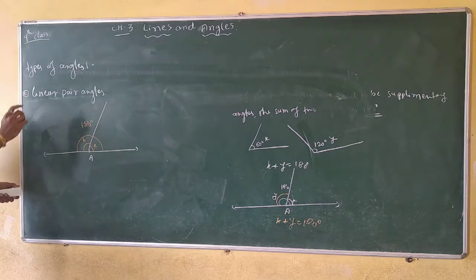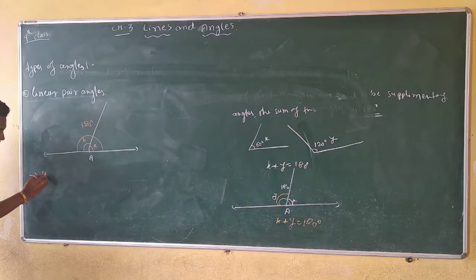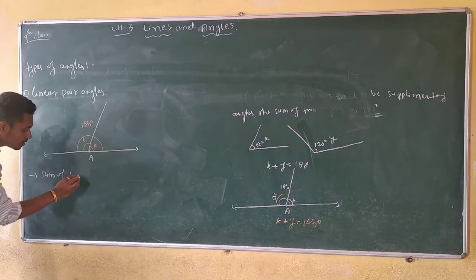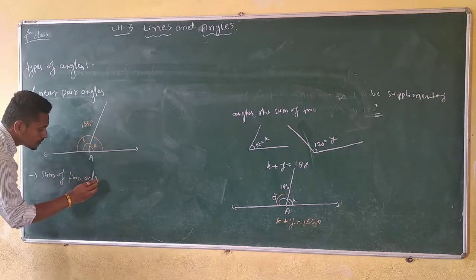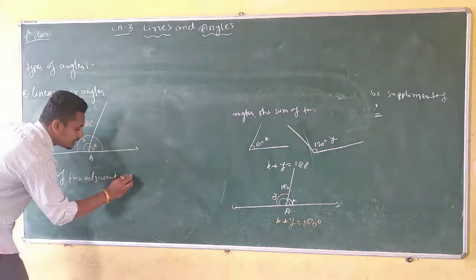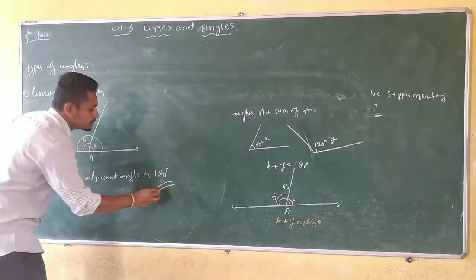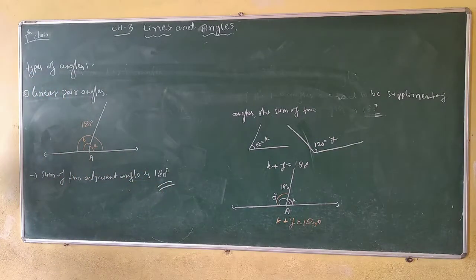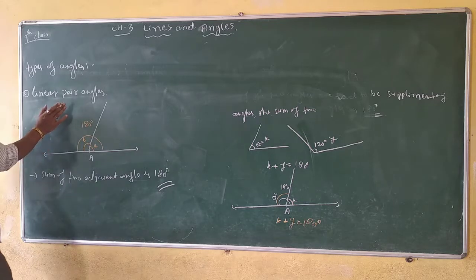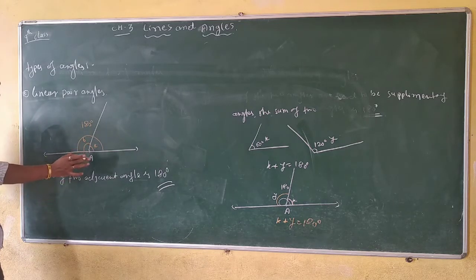Now, what is a linear pair of angles? A linear pair of angles is two adjacent angles whose sum is 180 degrees.